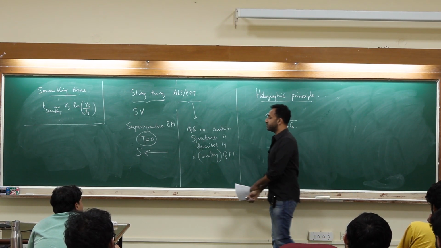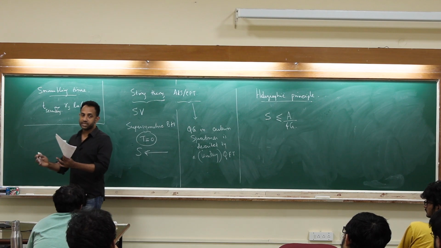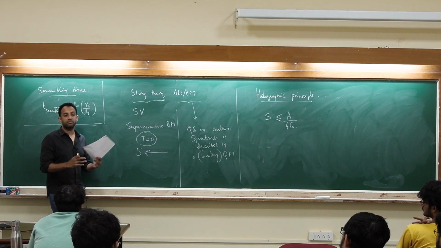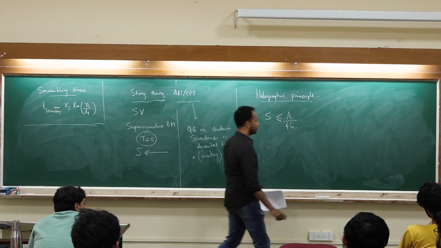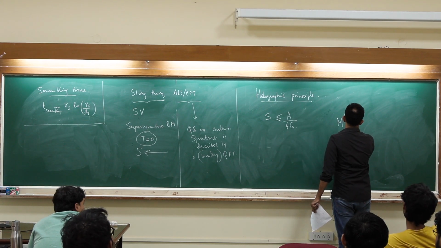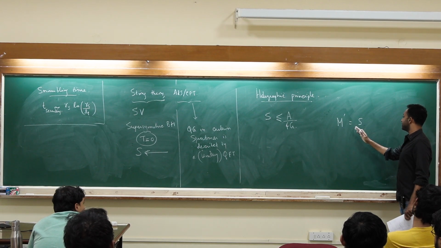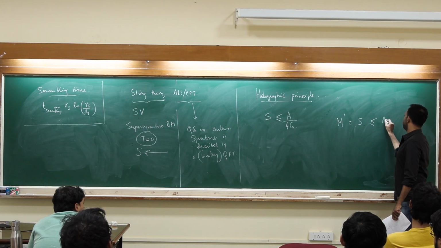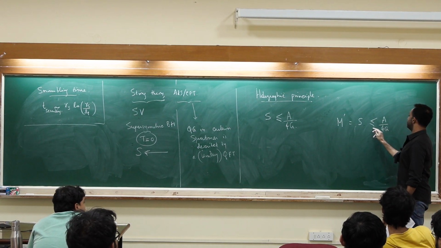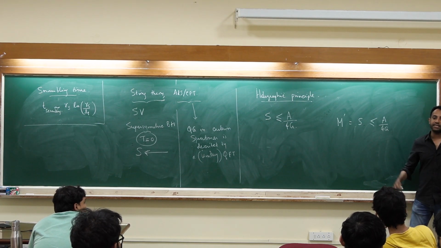Another way of saying the same thing is that you have some object of energy or mass M prime, and it has some entropy S. If S is less than A by 4G, then it already satisfies the bound.